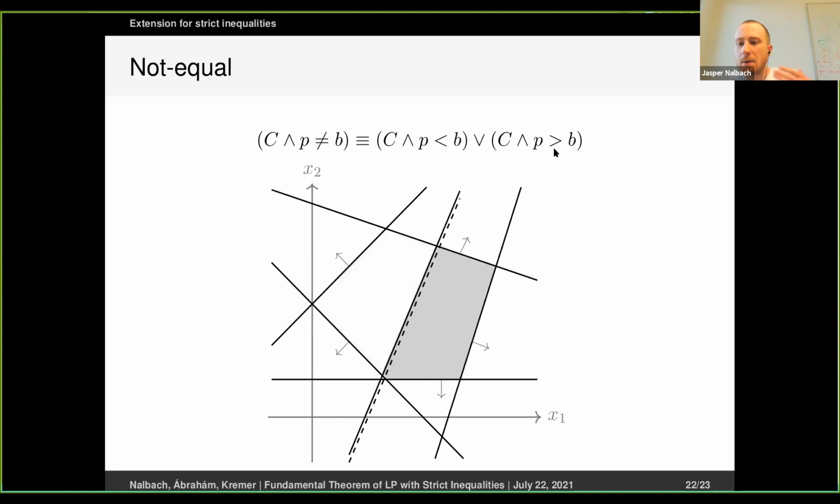So this way, for every not equal constraint, we check two systems for satisfiability in the worst case, when we cannot avoid this. And this also, as you can see, introduces an exponential overhead.